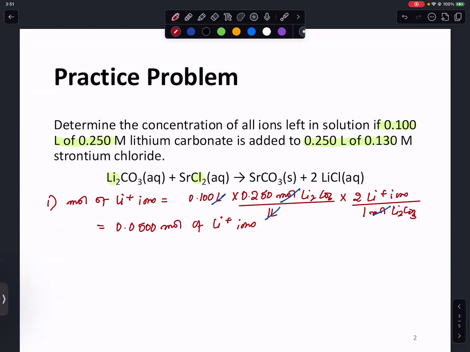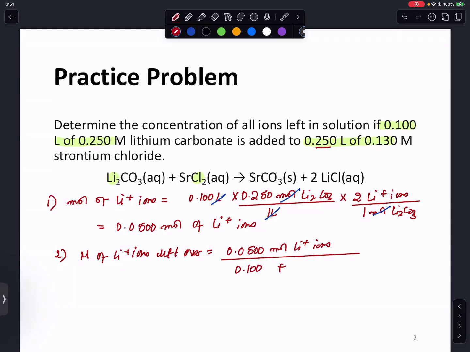So the second step is the molarity of lithium ions left over will be the 0.0500 moles of lithium ions divided by 0.100 plus the 0.250 liters, which are given to me in the question.